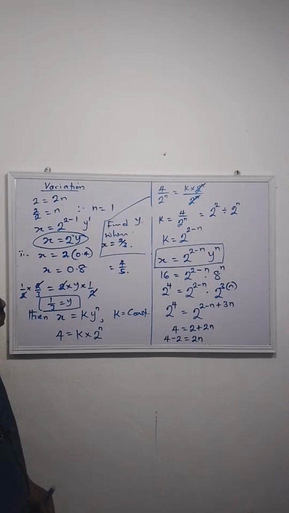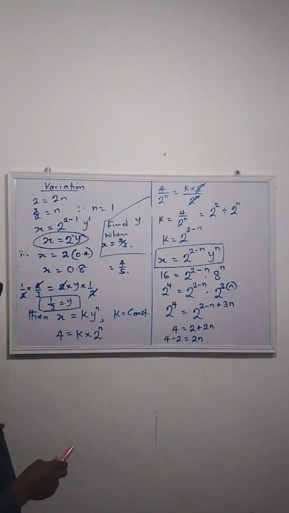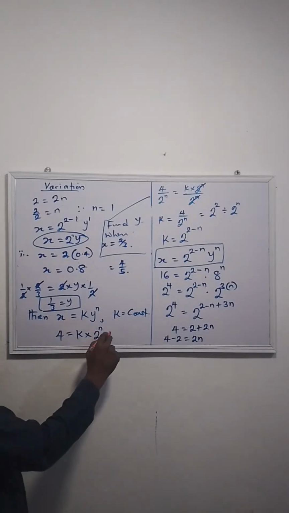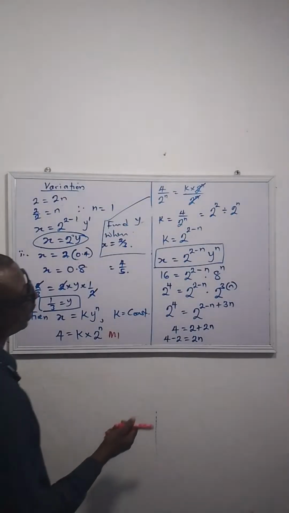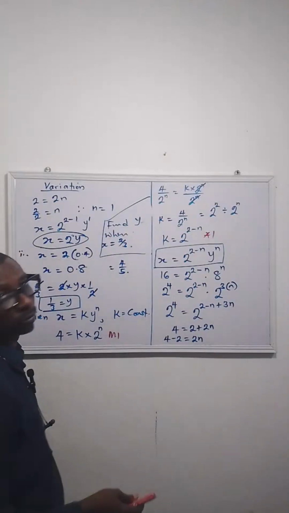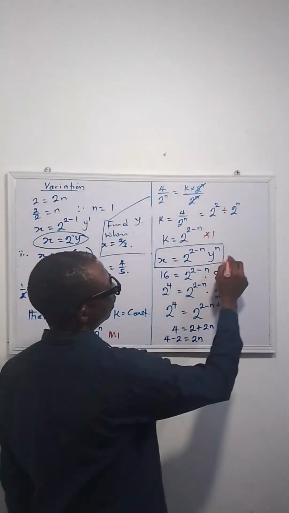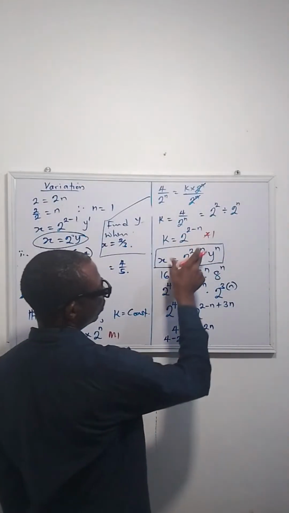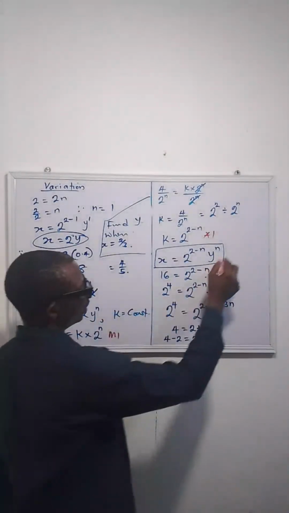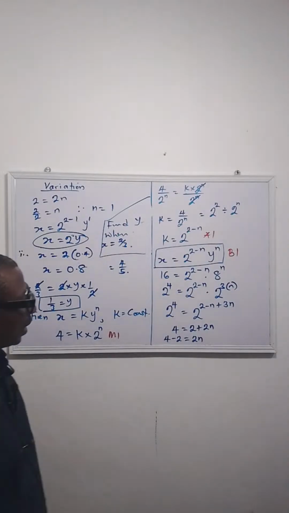All right, I need to show you how marks will be awarded to this question I just gave you. For substituting inside the connecting formula, there will be a method mark, M1. For getting the constant, an accuracy mark. For substituting inside this formula, there's another mark.